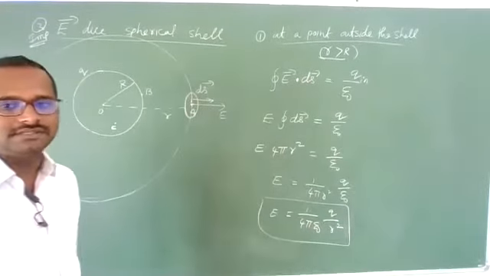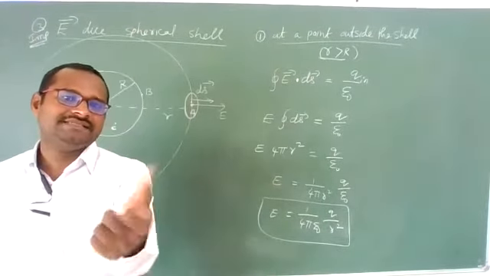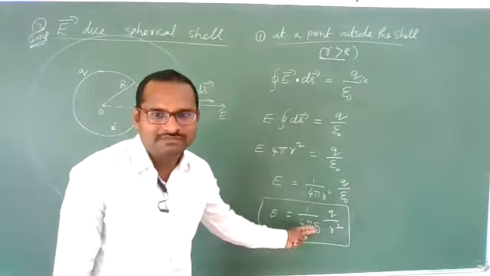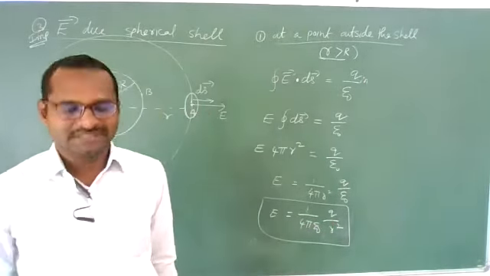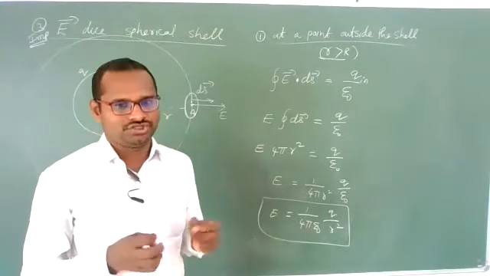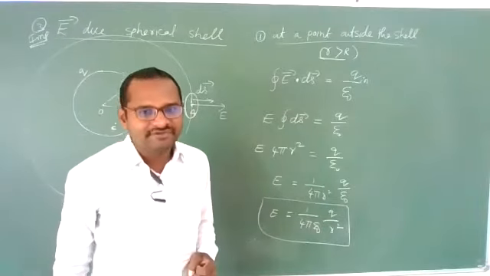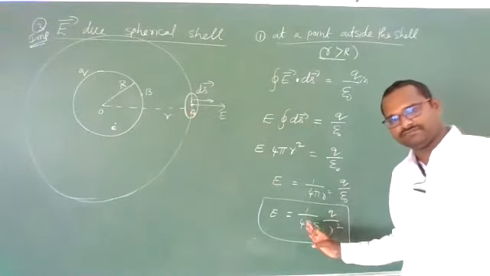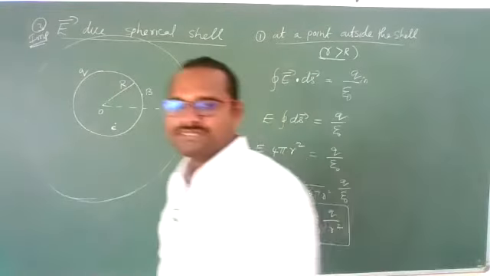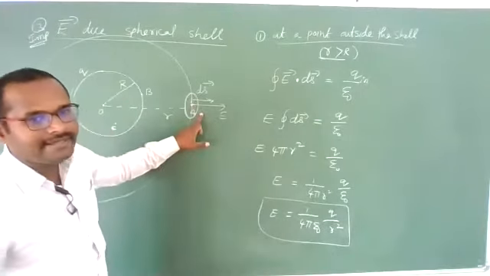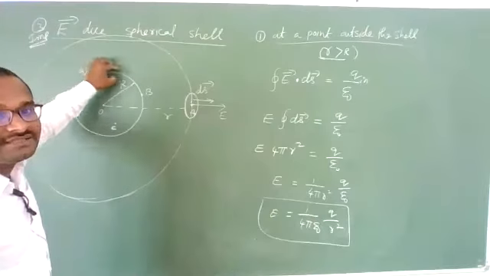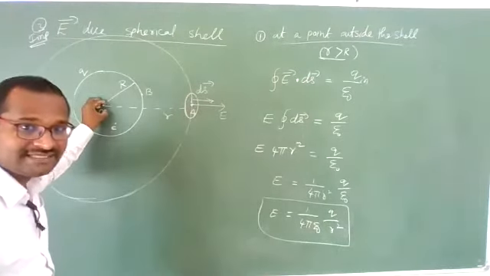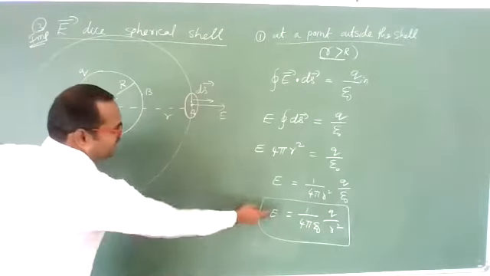This expression is the same as if a charge Q is there, and at a distance r from the charge Q, the electric field is 1 by 4 pi epsilon naught Q by r square.